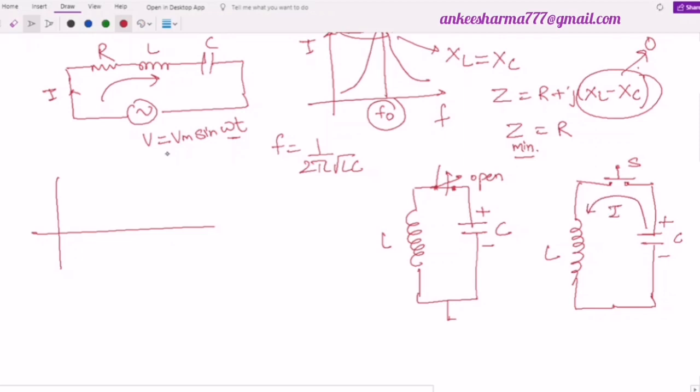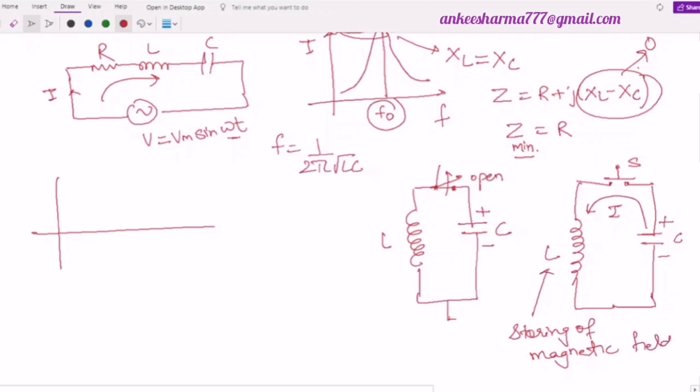As we know in an inductor, whenever there is a flow of current, as this capacitor is discharging, or I can say this electrical energy is being transferred to this inductor, then due to this current there will be storing of magnetic field inside this inductor. Now how will this magnetic field be stored?